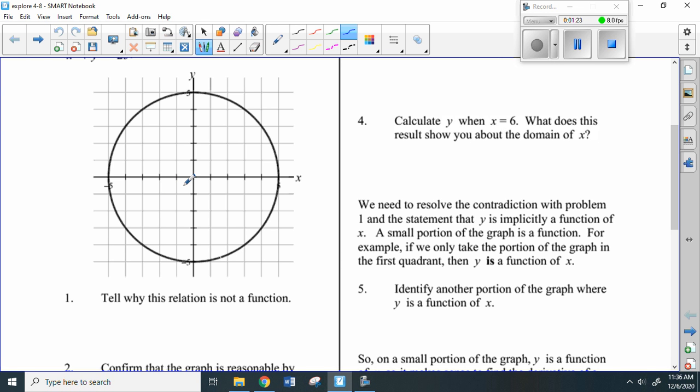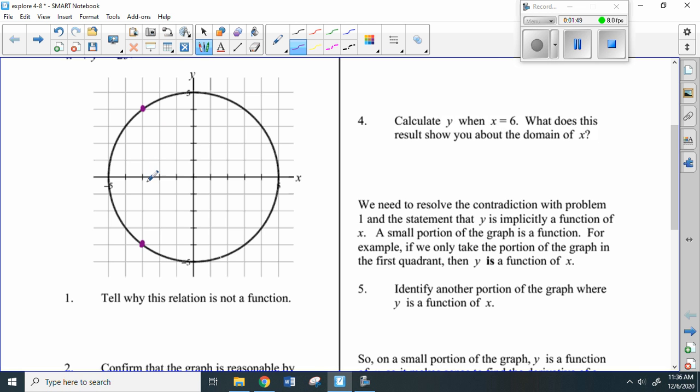But the vertical line test is not an official mathematical explanation for why it's not a function. Why the vertical line test works is because, let's say we put a vertical line from this point down to this point. Okay, now I know I can't draw very straight lines here, so that's why I just mark those 2 points.